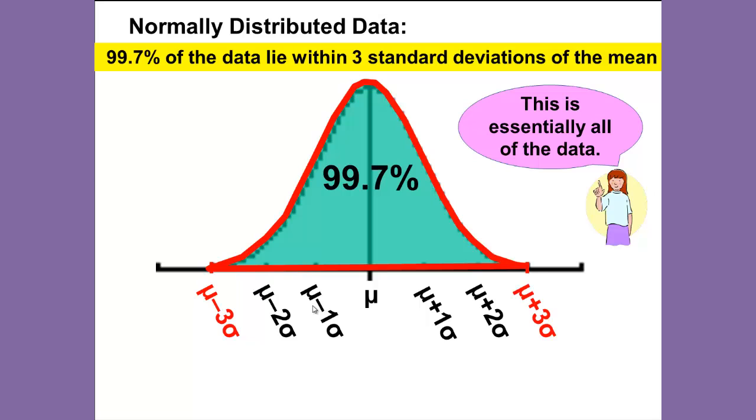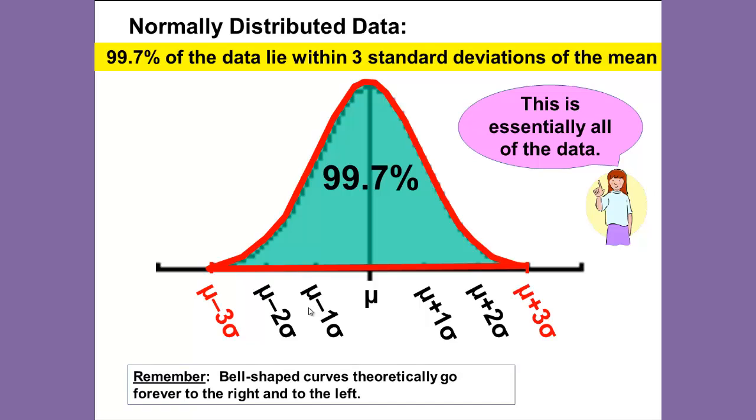This is essentially all of the data. Remember, bell-shaped curves theoretically go forever to the right and to the left, so it's not 100% of the data. There is the data that goes to infinity in both directions.